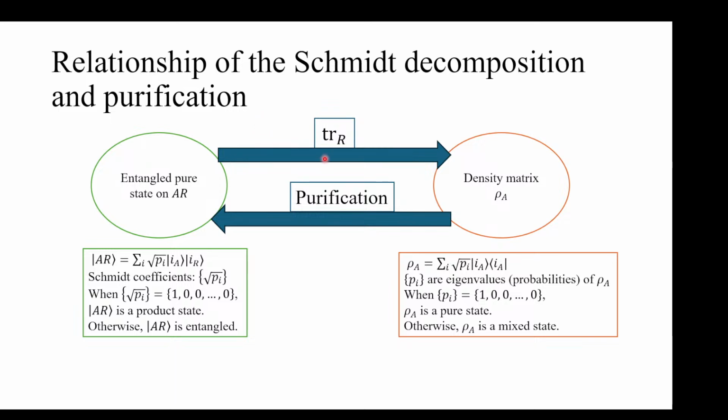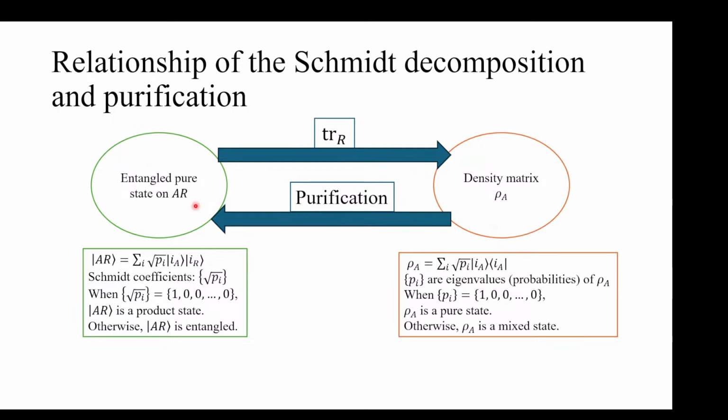As we said, there are two operations that are kind of the reverse of each other. You can think about a bipartite system that has an entangled pure state. So we have system A and system R, and if we trace out the R part, we will get a density matrix on A. So that's a reduced density matrix.